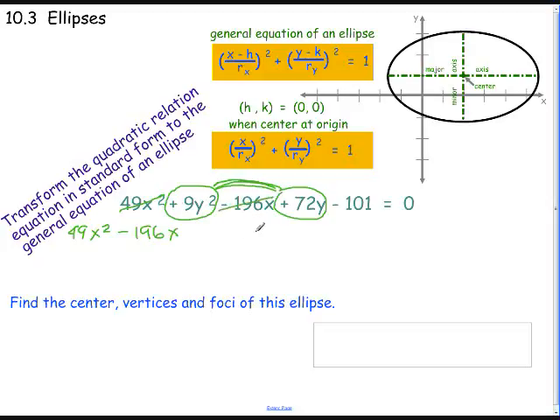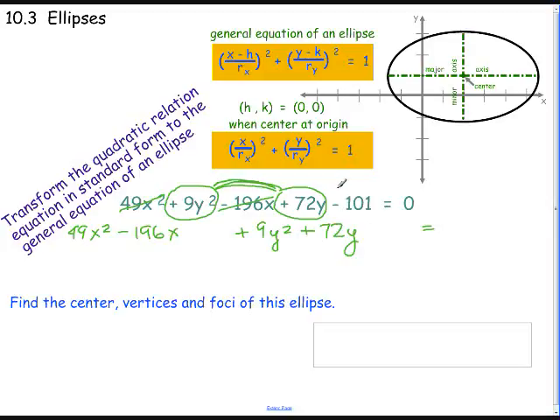So I got that one. And now we're going to say, look, I'm leaving space. Why is that? That's right. We want to complete the square. It's going to be quite a job. 9y squared plus 72y, and I'm going to leave some space.